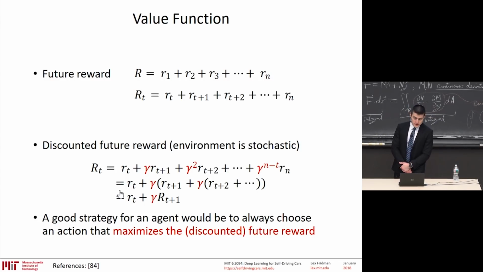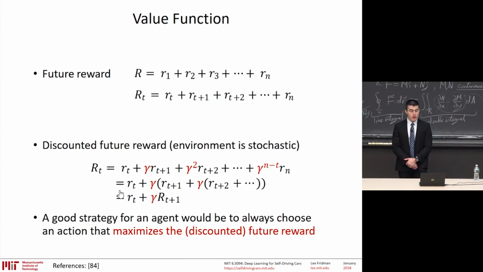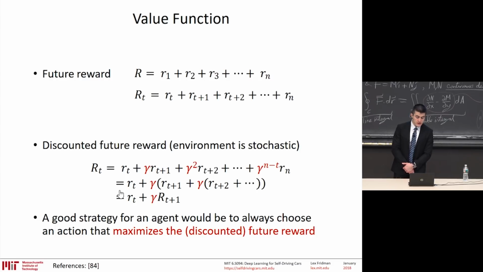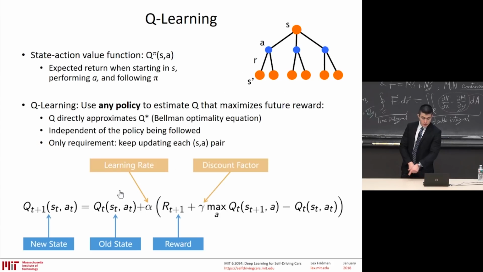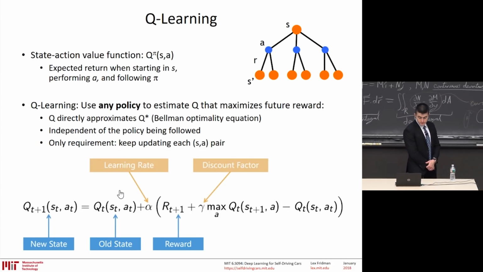Here, with gamma, further and further out into the future, more and more discounts decrease the importance of the reward received. A good strategy is taking the sum of these rewards and maximizing it, maximizing the discounted future reward. That's what reinforcement learning hopes to achieve.